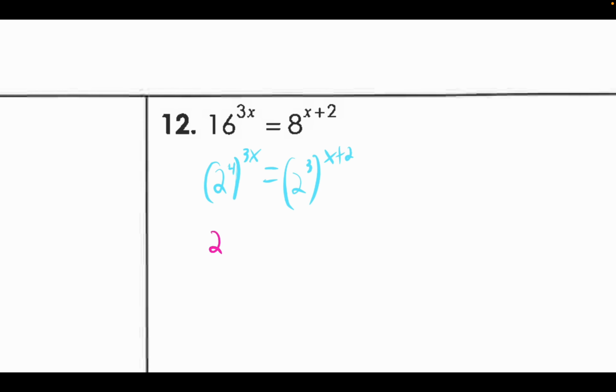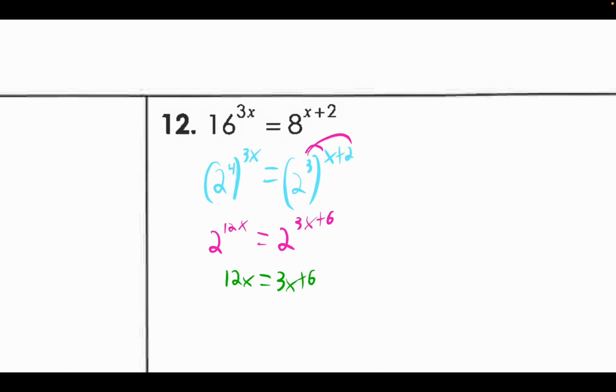And so on the left, you get 2 to the power of 12x as you multiply those exponents. And on the right, as you multiply the 3 to both parts of the exponent, you get 2 to the power of 3x plus 6. And so now we can drop the bases and get 12x equals 3x plus 6.